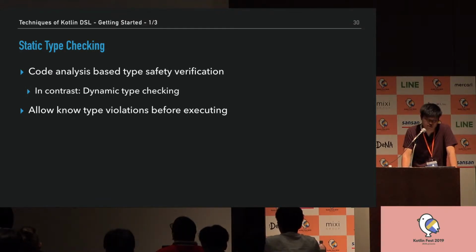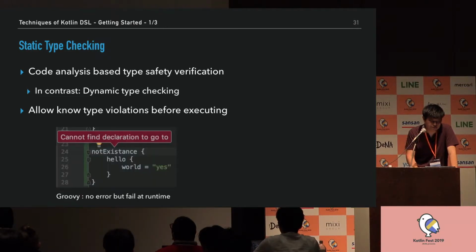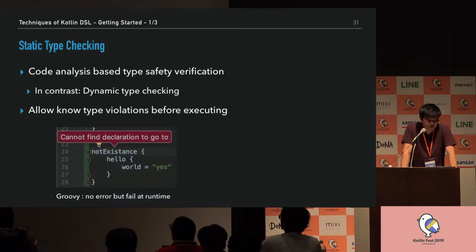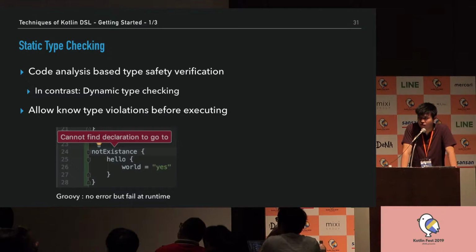Let's see a simple example. This example is in Groovy. Groovy uses dynamic type checking by default, so no error from the compiler will be shown, even if we use undefined methods. Of course, the IDE can show a warning.